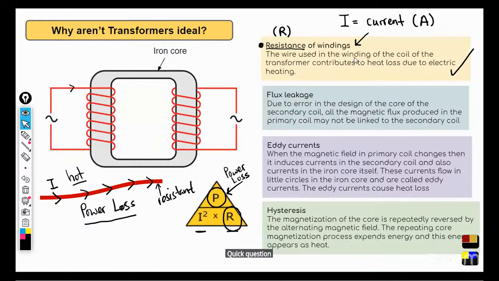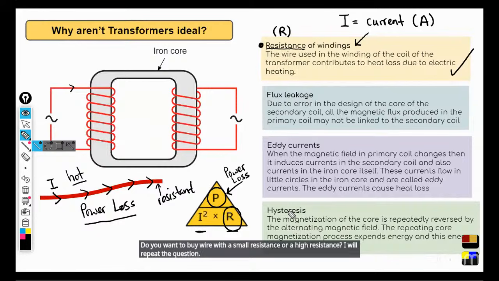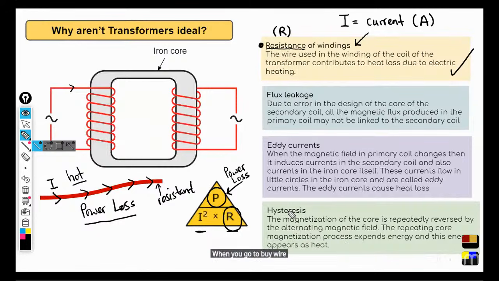Let me see if you all get the concept. When you're buying wire, do you want to buy wire with a small resistance or a high resistance? I'll repeat the question. When you go to buy wire, do you want to buy wire with a low resistance or a high resistance? Think about it and send your answer.